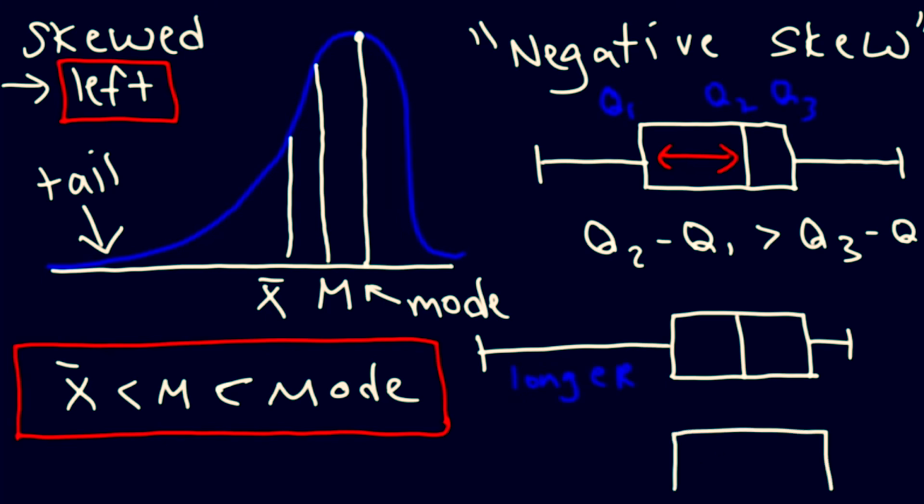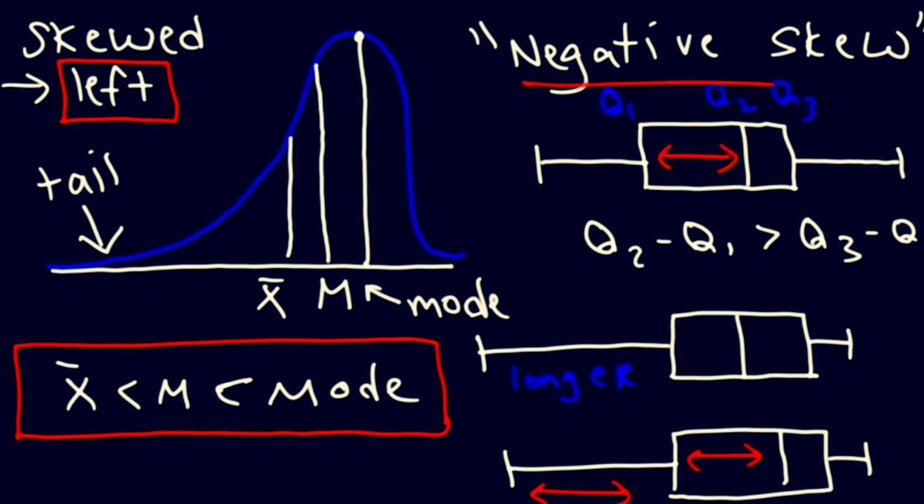And finally, we will have a combination of both cases. The whisker to the left is longer than the whisker to the right, and the box at the left is longer compared to the right. So this is another example of box plots showing a negative skew distribution or skew to the left.